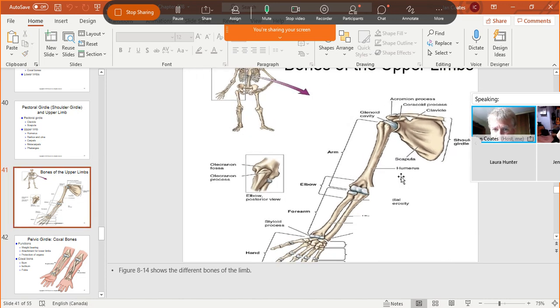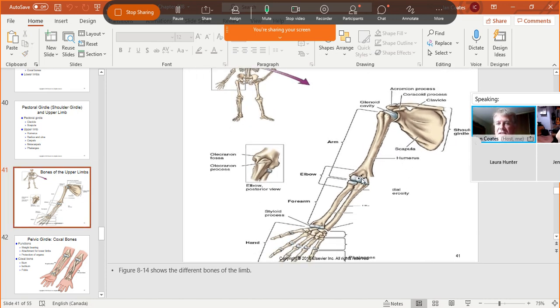This is the shoulder, okay? And there's a flat bone on the back of each shoulder. These are called your scapula. They're flat bones. And you'll see there's an articulating surface in the scapula for the humerus, your arm.